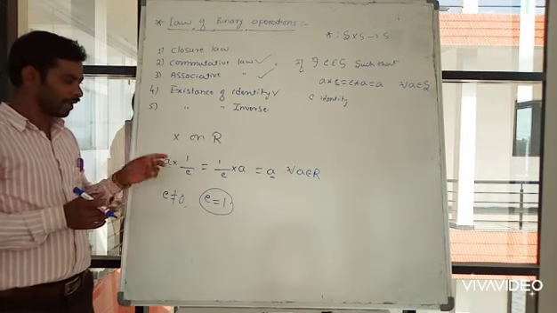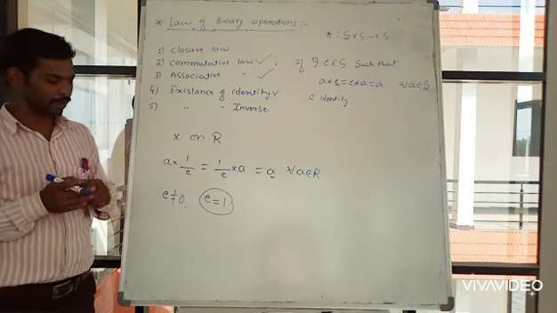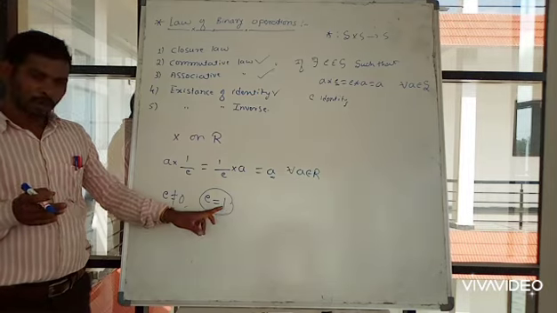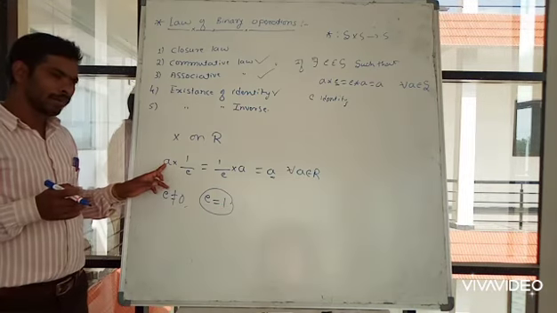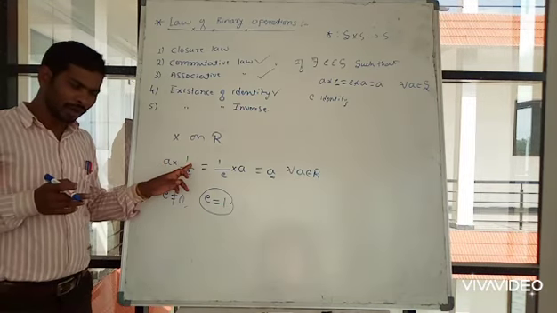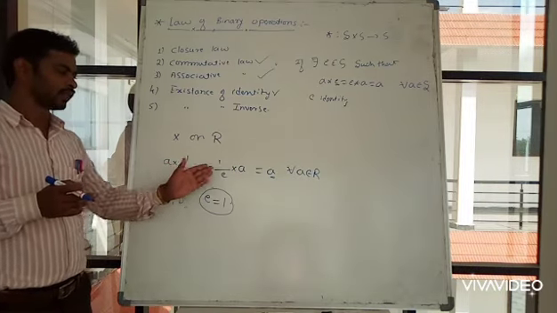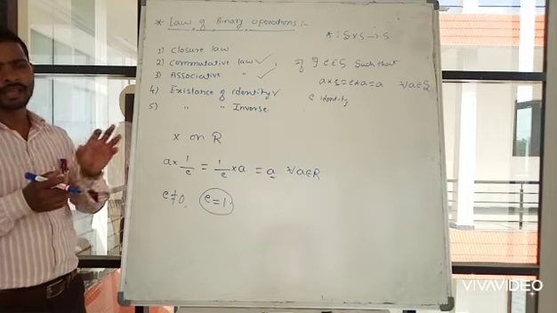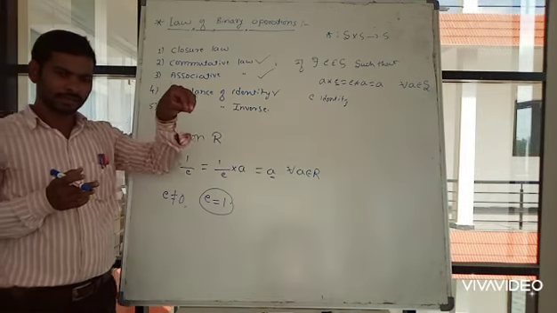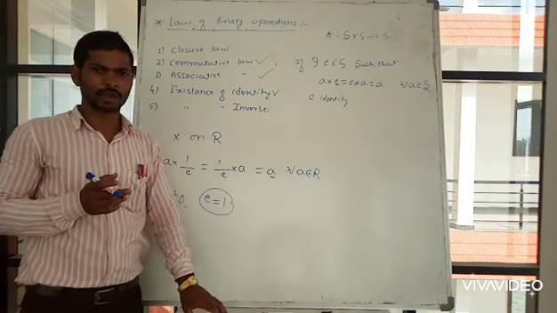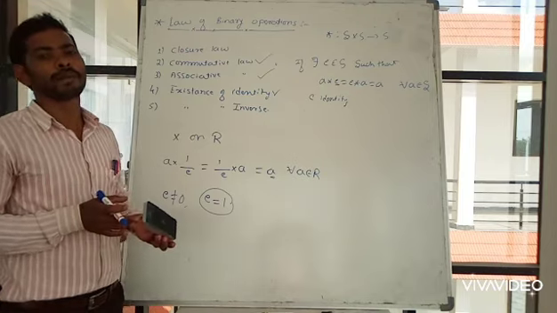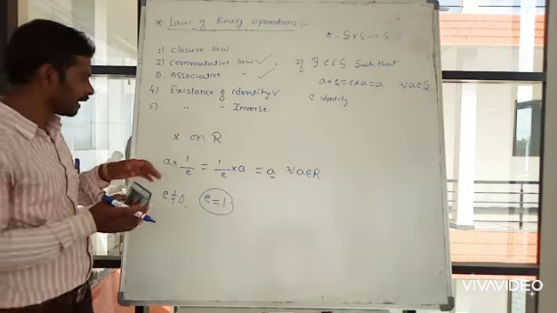Because if you multiply any real number by 1 from right to left or left to right, there is no change in the value of a. Therefore, e equal to 1 is called the multiplicative identity.